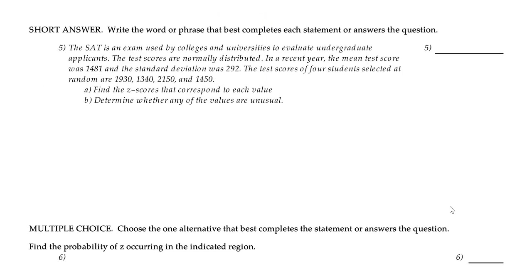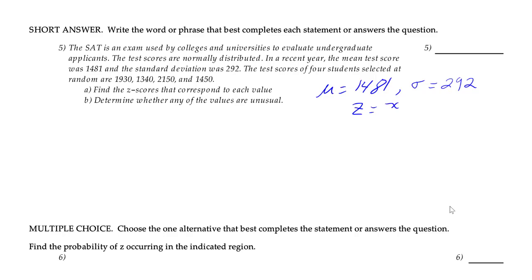SAT test scores are normally distributed. The mean test score was 1481, so that's mu equals 1481. And for standard deviation, we're talking population here, so sigma is 292. We want to find the z-scores for each of these values. Let me show you how we're going to do this. We're just converting to z, because we have x values here that we want to convert to z.